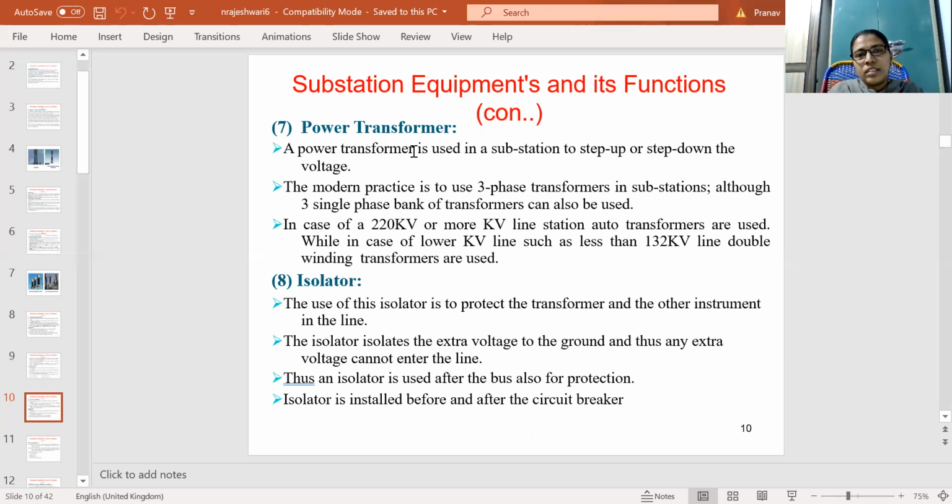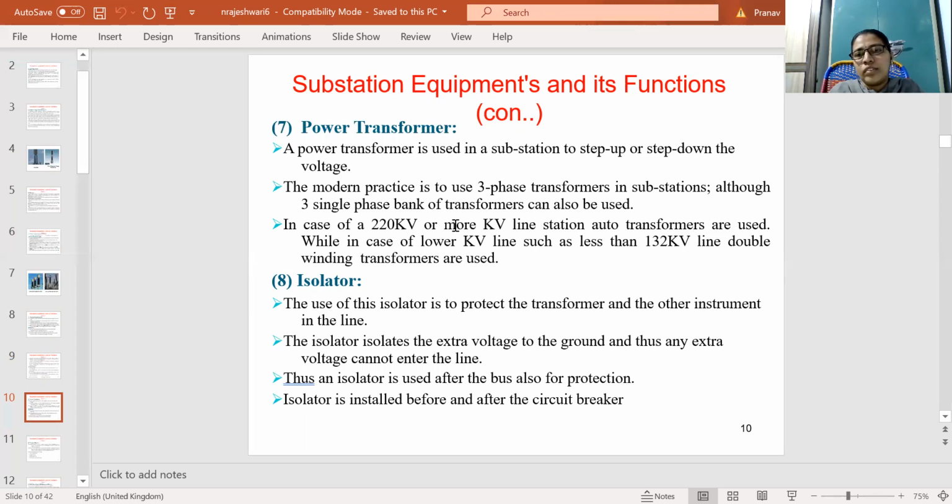The modern practice is to use three-phase transformers in substations, although a bank of three single-phase transformers can also be used. In case of 220 kV or more kV lines, auto transformers are used, while in case of lower kV lines, such as 132 kV or below, double winding or two winding transformers are used.